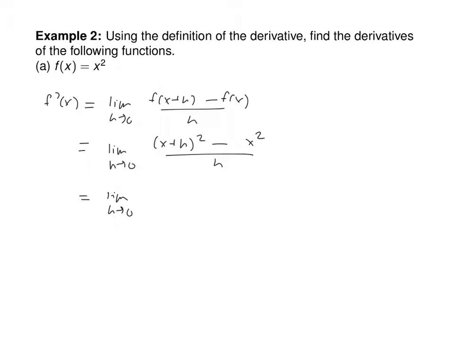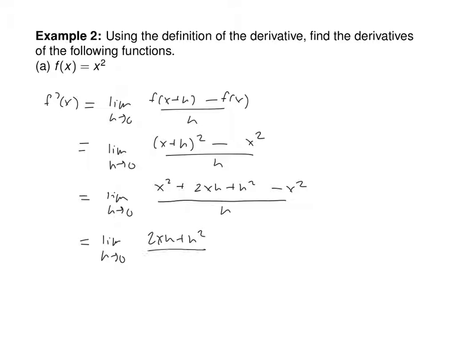And then x plus h squared is x squared plus 2xh plus h squared. So we got 2xh plus h squared over h, which is 2x plus h. So what is that derivative? 2x.